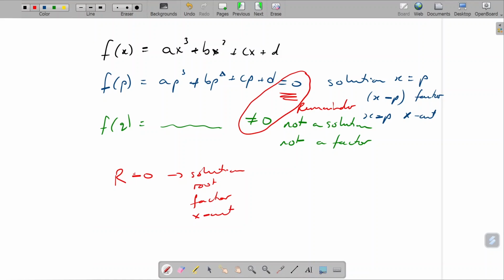When this value does not equal naught, we have nothing. We simply know it is not a solution or a factor or a root or any of these options that we have here.